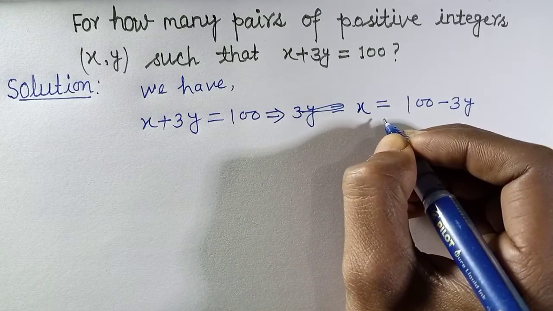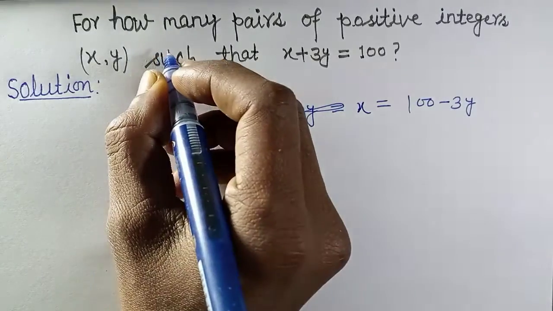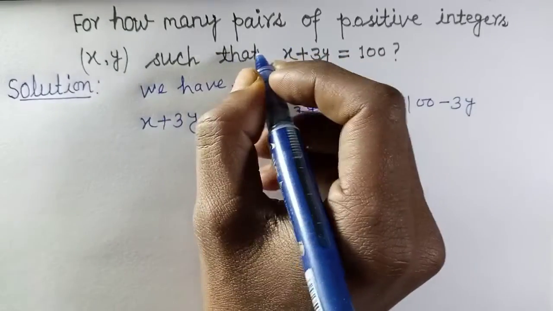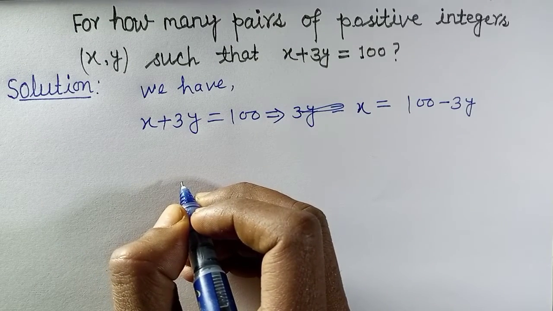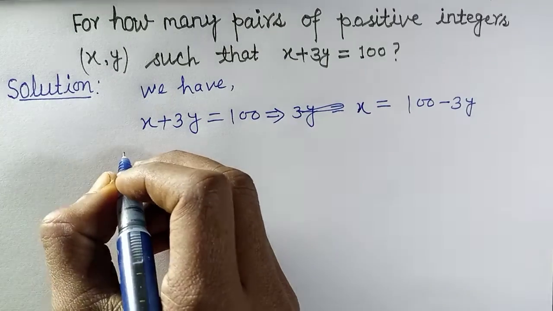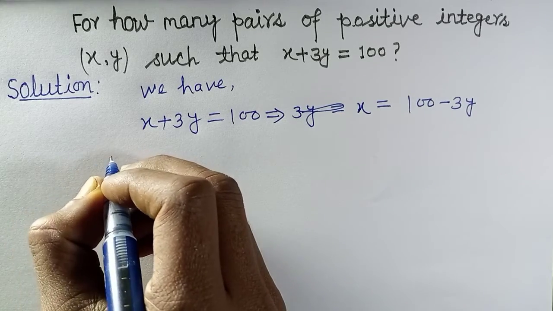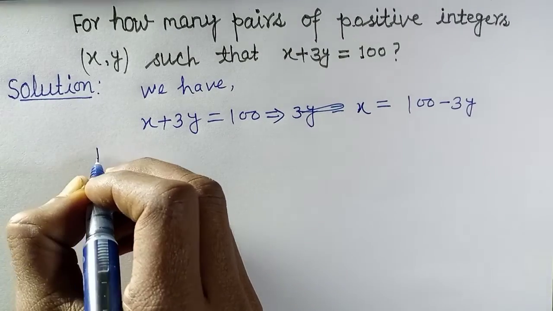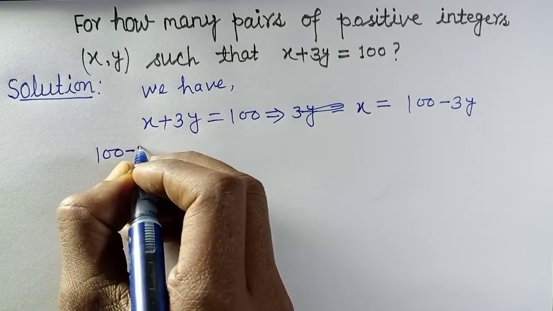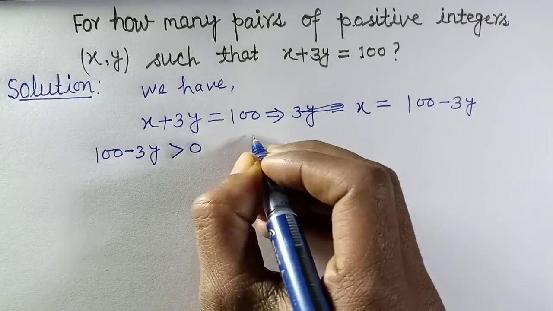So x equal to 100 minus 3y, and it is given that x and y are positive integers. So this means x is greater than 0, or 100 minus 3y should be greater than 0.